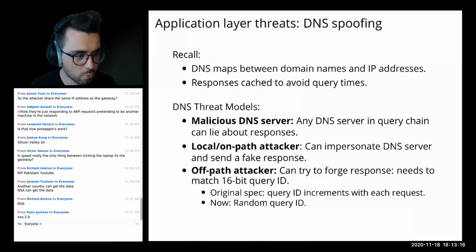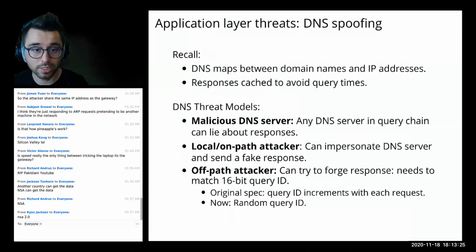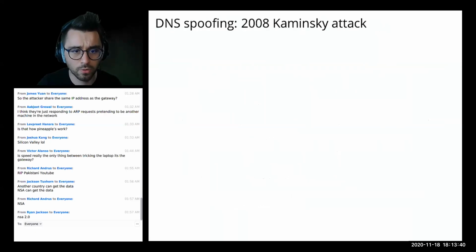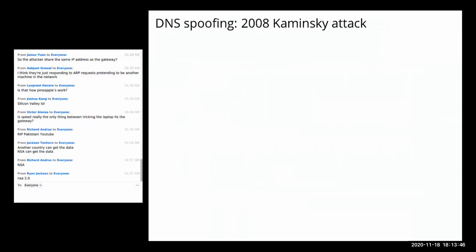So what I want to do is walk through an attack on DNS. We're going to spoof DNS responses even when the query ID is random. I'm going to remove myself just to make it easier.